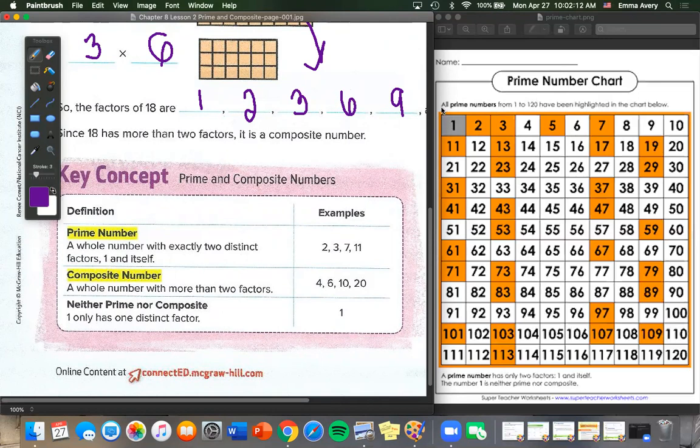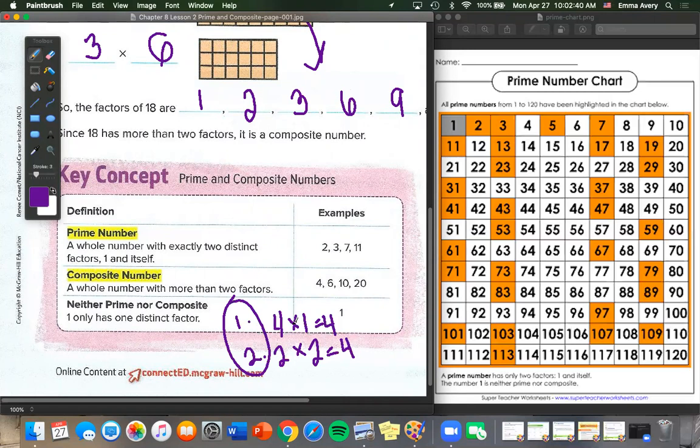A composite number is a whole number with more than 2 factors. The examples they give us are 4, 6, 10, and 20. If we take, for example, 4, you can do 4 times 1 equals 4, and also 2 times 2 equals 4. Because there are multiple ways to multiply it, it's a composite number.